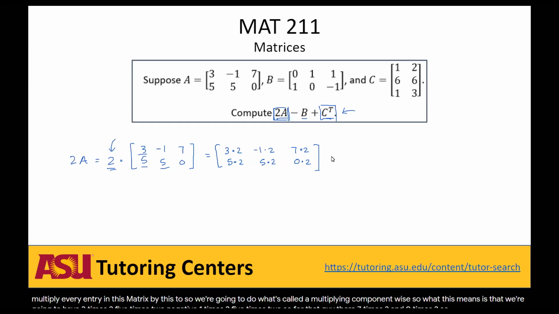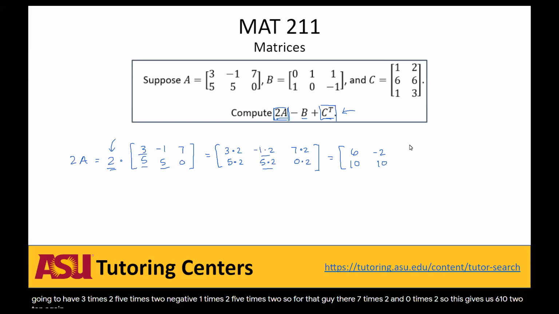So this gives us 6, 10, negative 2, 10 again, 14, and 0. So we have our 2A. We don't need to compute that again. We can just substitute that right into our equation here.